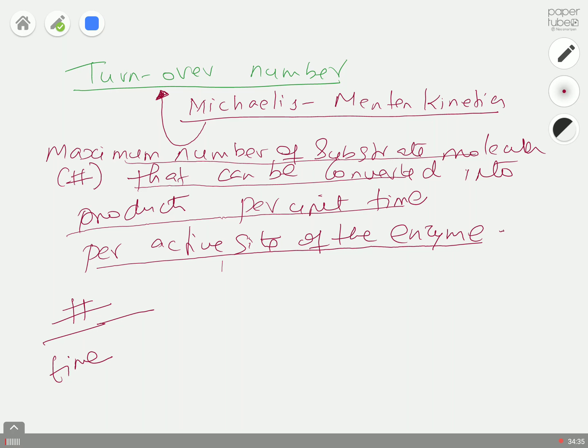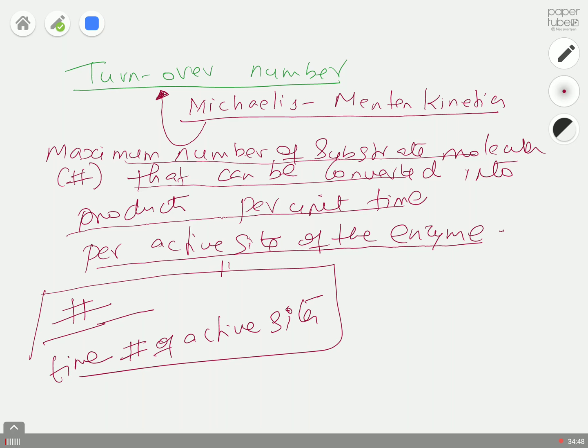So it has a unit, something like a number per unit time. If time is expressed in seconds, then it is some number per second. That's how you measure the turnover number.